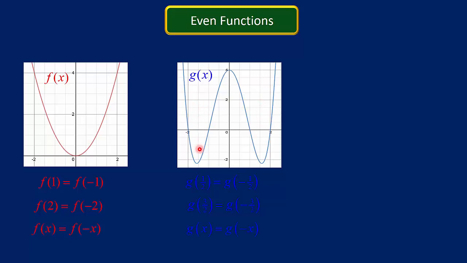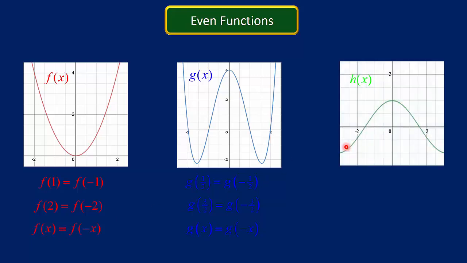And finally, g of x is equal to g of negative x. So once again, we notice this, see? Okay, so we say these two functions are even because this happens, not because we find examples like this one, f of 2 equals f of negative 2. No, but for every value of x, every f of x equals f of negative x.